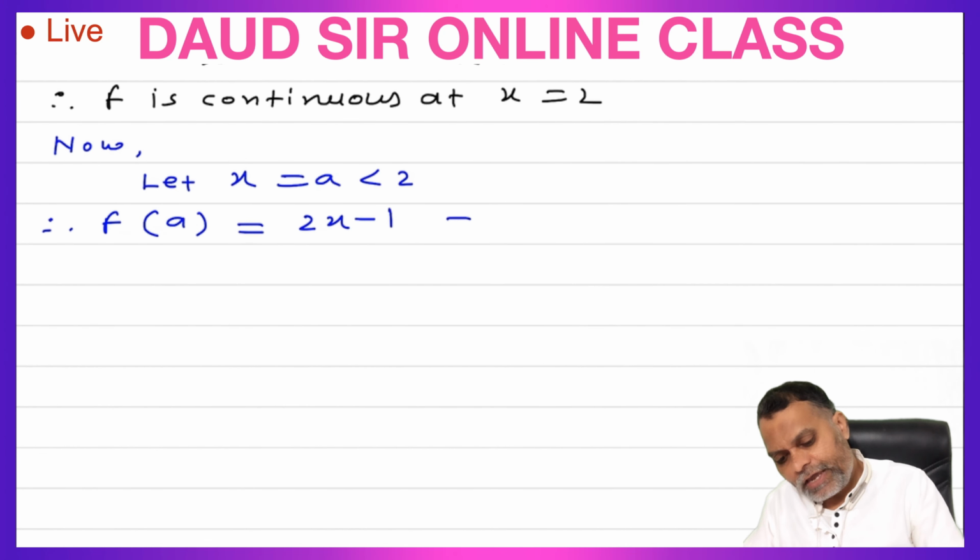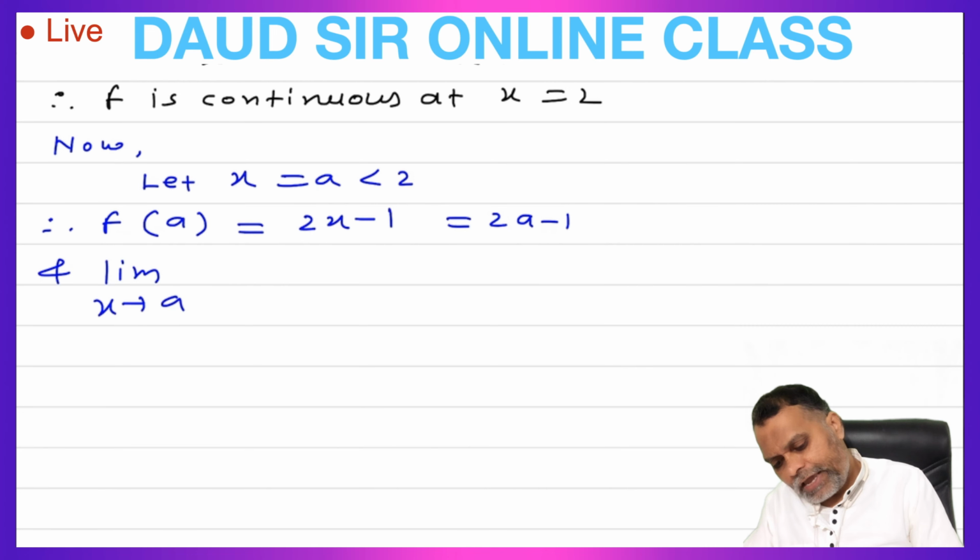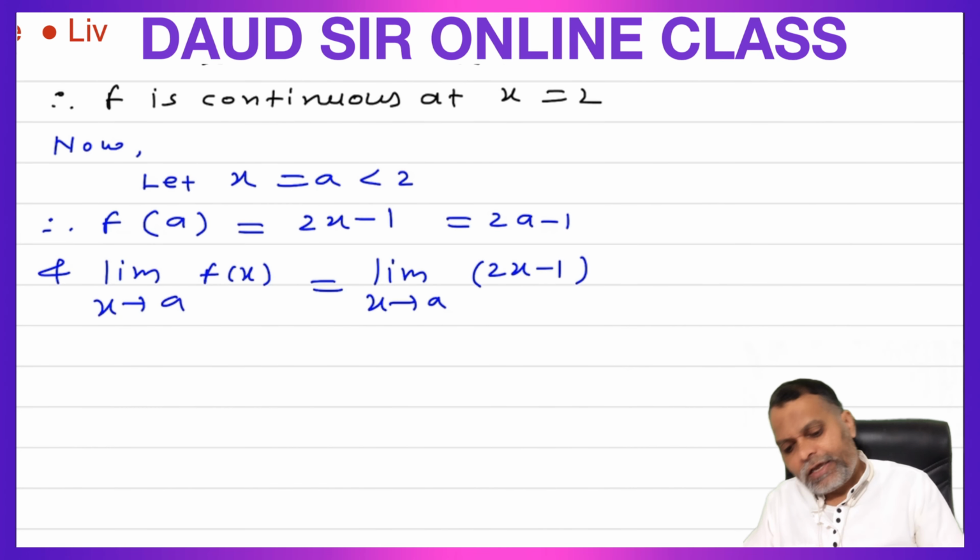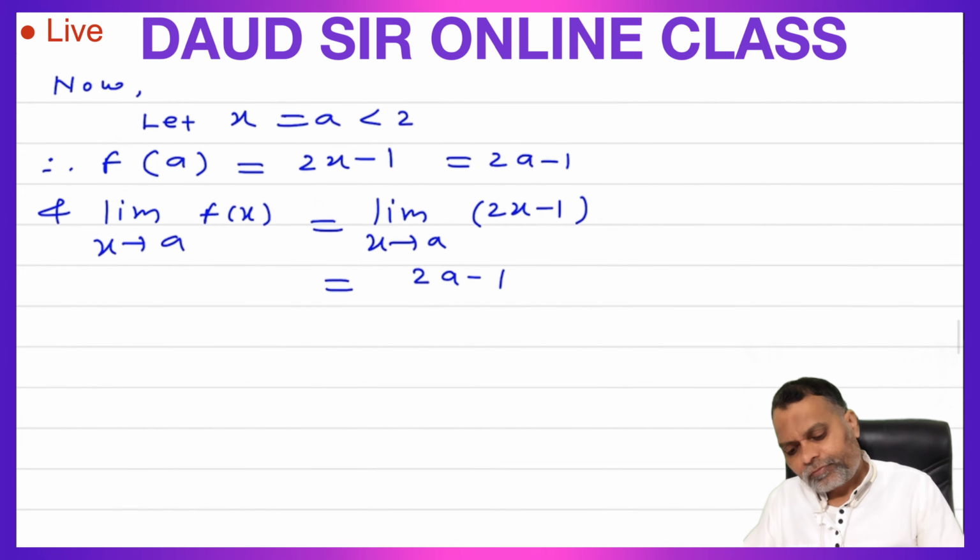Put x is equal to a, so 2a minus 1. And limit x tends to a f of x is equal to limit x tends to a of 2x minus 1. As a is less than 2, directly we can put x is equal to a, so 2a minus 1.